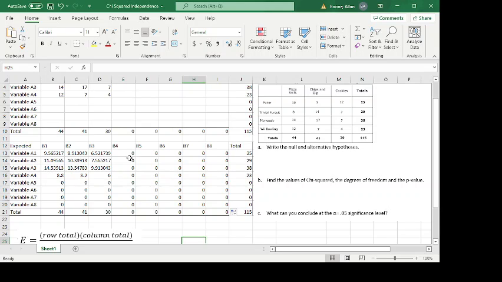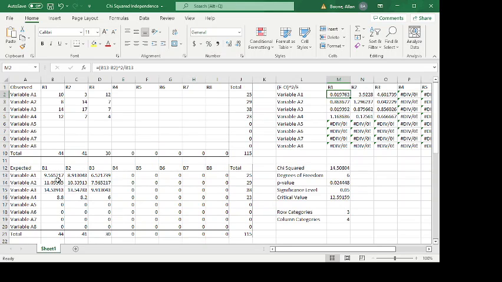And then you divide by the expected. And so for this top entry, the B1A1, I would just do the B1A1 here, and then minus the same spot for the observed, and you square it, and then you divide by the expected value, which is right here. And then you do that for all of these.